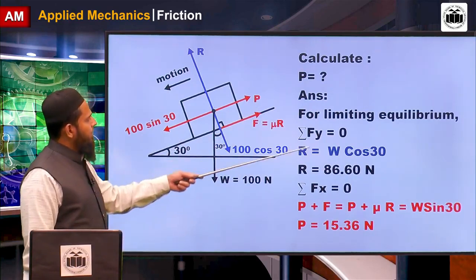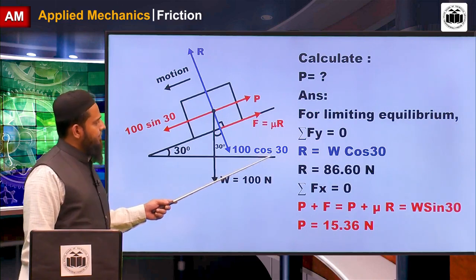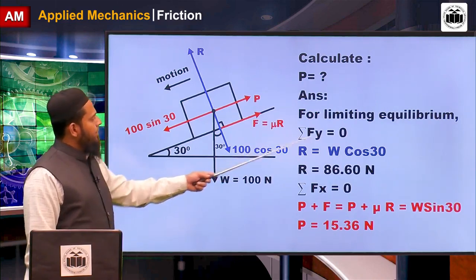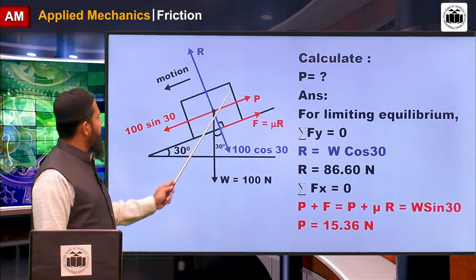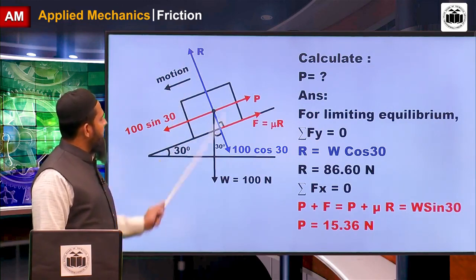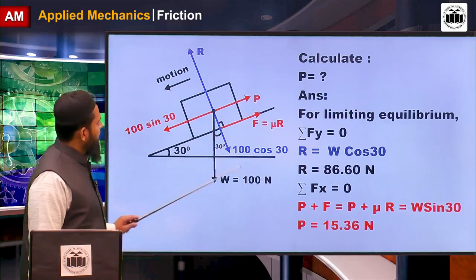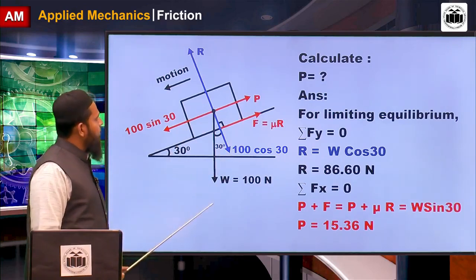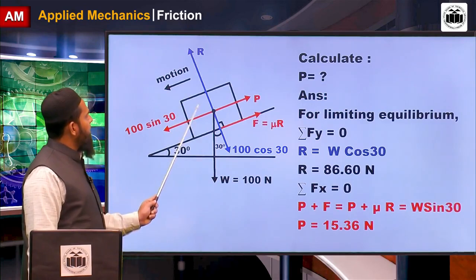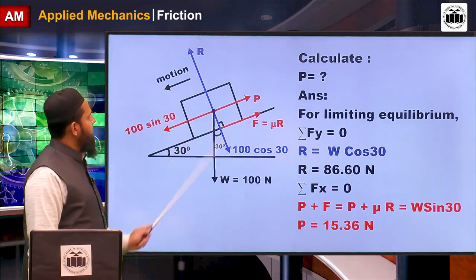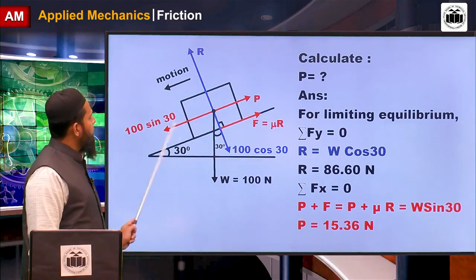For limiting equilibrium, summation Fy is equal to 0 means this R is balanced by 100 cos 30. Again, W is in the vertically downward direction and R is normal to the inclined plane. Now, W is resolved into two components.